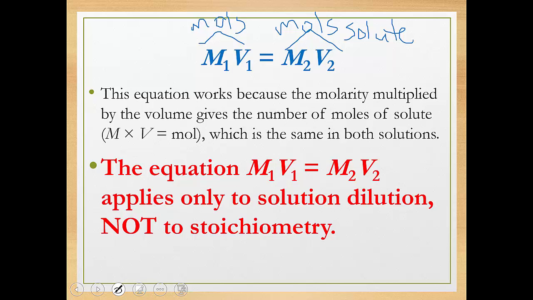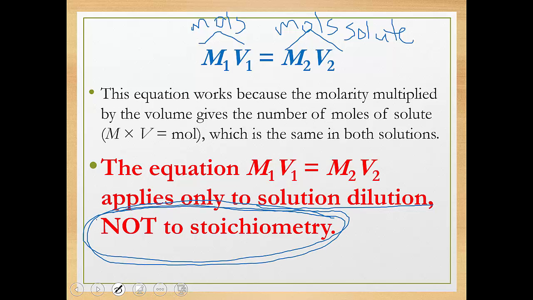What you have to keep in mind is that this equation applies only to dilution, when I am adding water to make a diluted solution. It does not apply to what we'll be talking about in a minute, which is stoichiometry. So if you are looking at two different chemical compounds, you cannot use this formula. Only if you are dealing with one compound and you're simply adding more solvent to dilute it.